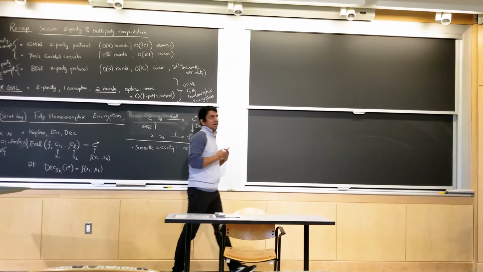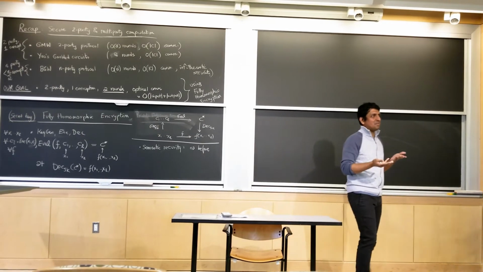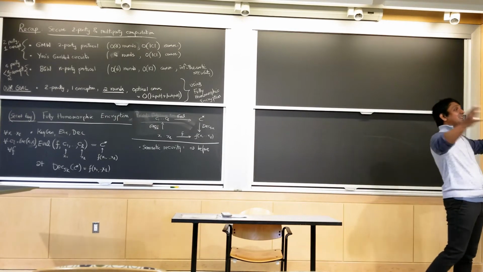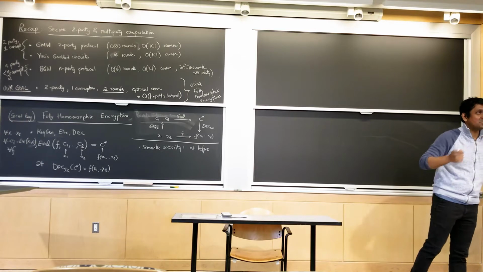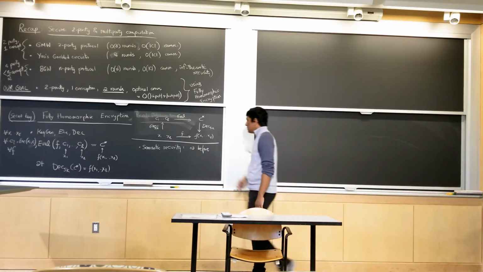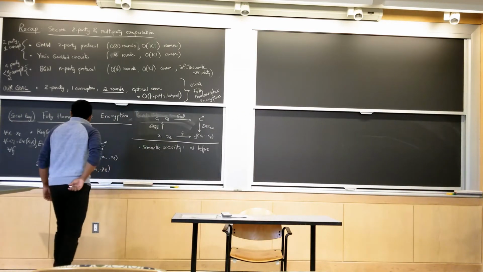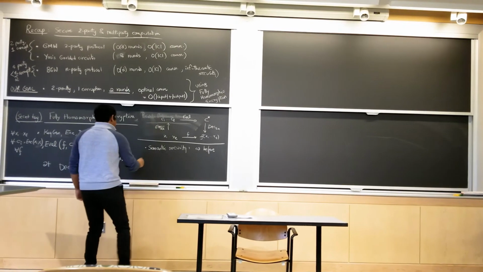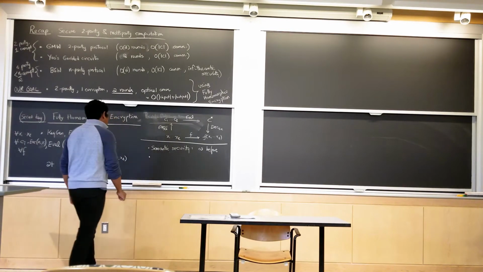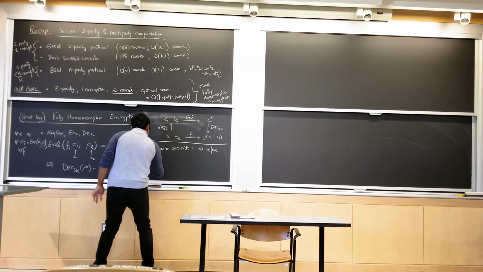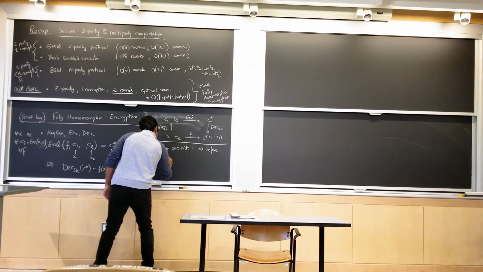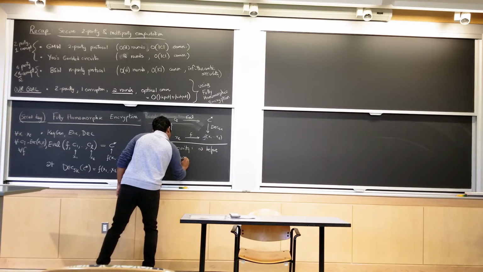It just says that if I encrypt 0 versus encrypt 1, or many encryptions of 0 or many encryptions of 1, you can't tell the difference. The one additional property you need is something called circuit privacy.